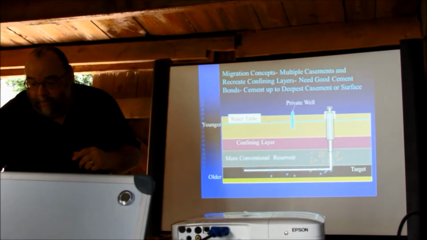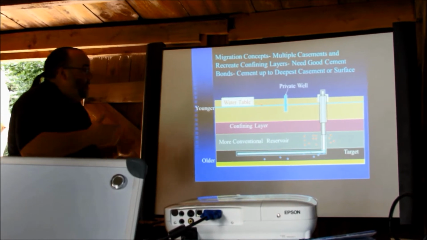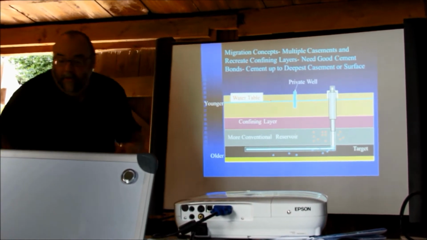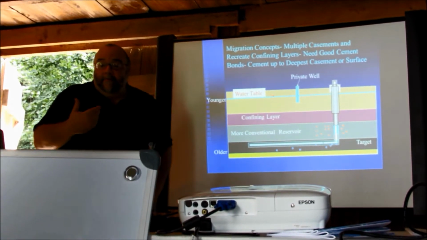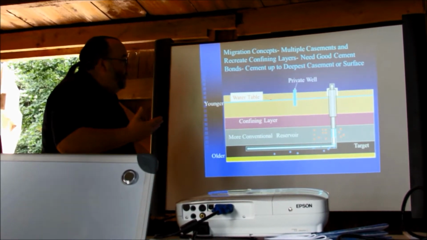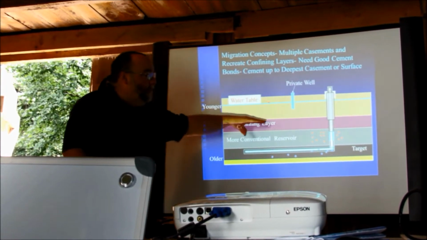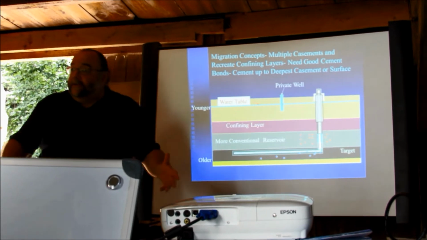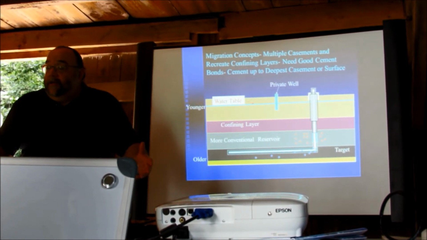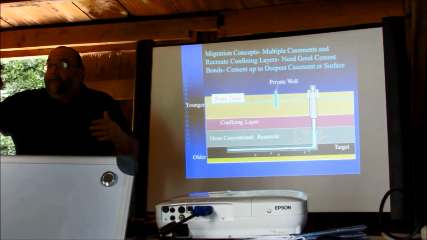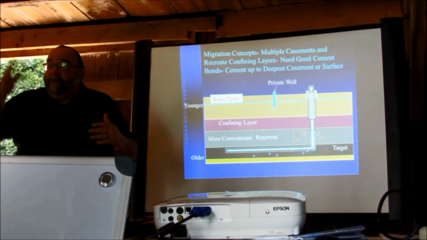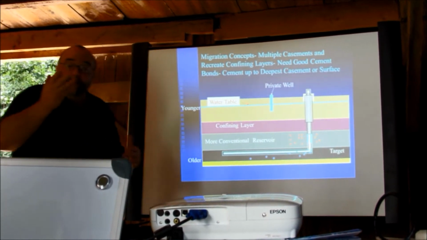One of the things where we're talking about drilling and how this might move, one of the issues is exactly that, what we talked about. First of all, drilling, we got to recreate those confining layers, those natural layers that were here before, so we don't get transmission or movement across a barrier that was impermeable or partially permeable.